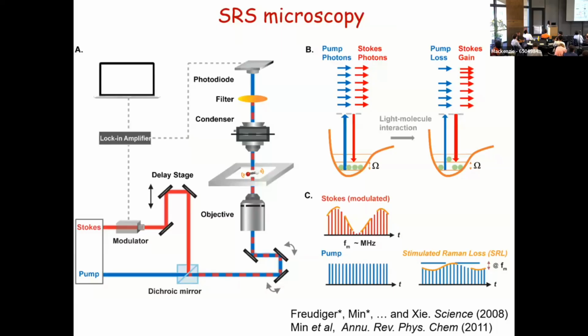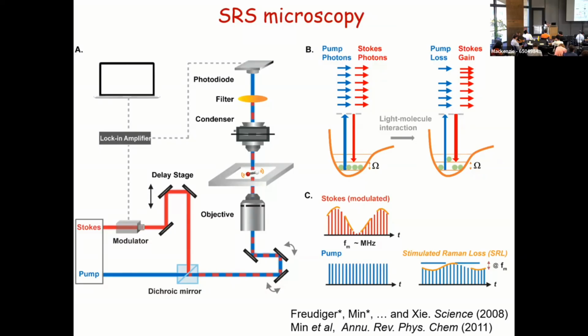So this slide shows how SRS microscopy works. We usually have two synchronized, spatially and temporally overlapped laser beams, one pump and one Stokes.